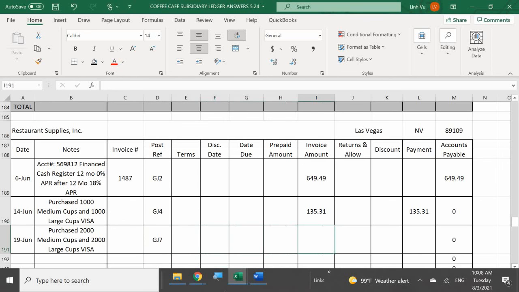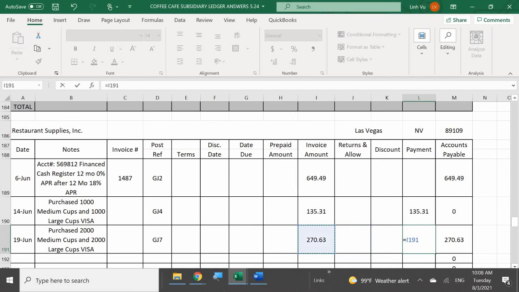How much was my total amount here? 270.63, which again we used our Visa credit card, which acts as if we actually paid for it.